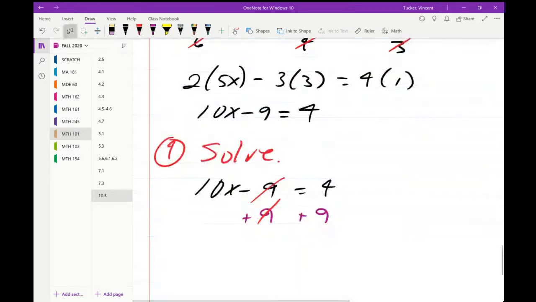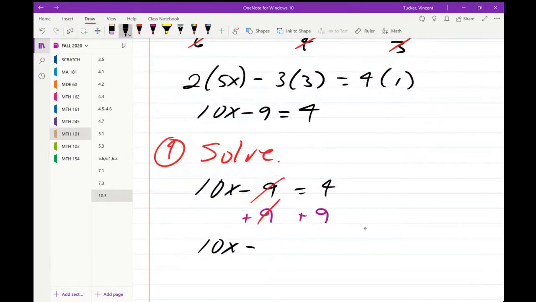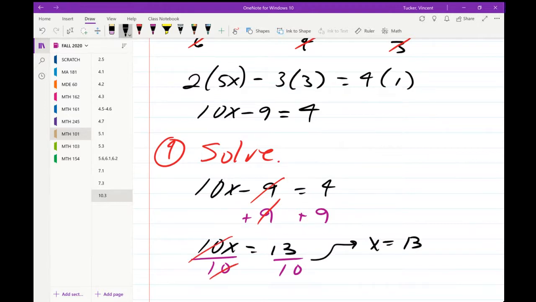So adding 9 to both sides, that'll be 10x equal to 13. Divide by 10. 10's cancel. X is equal to 13 over 10.